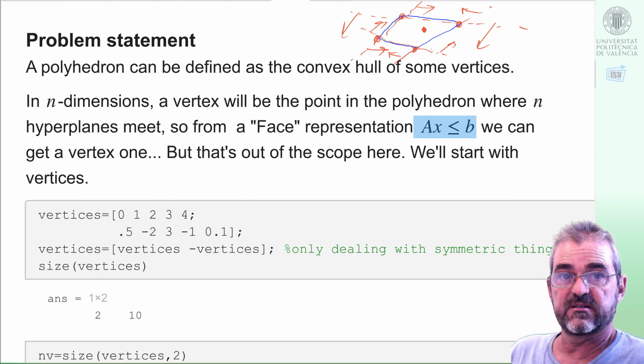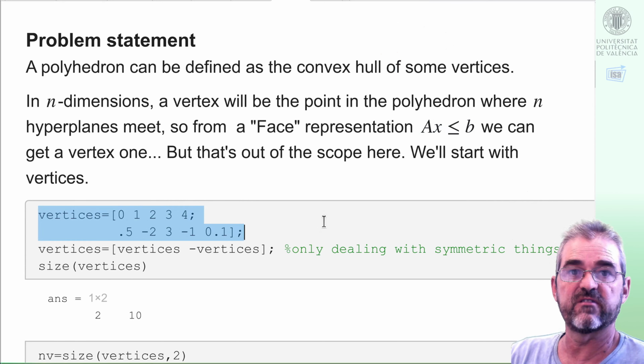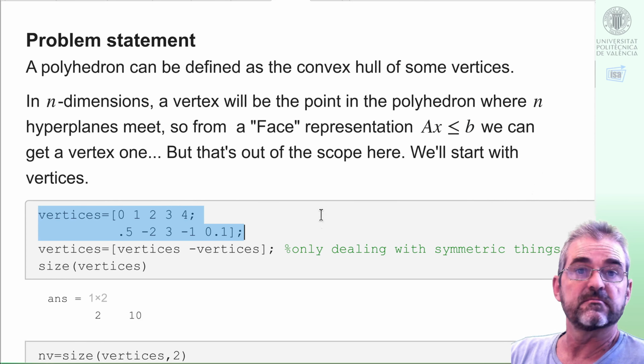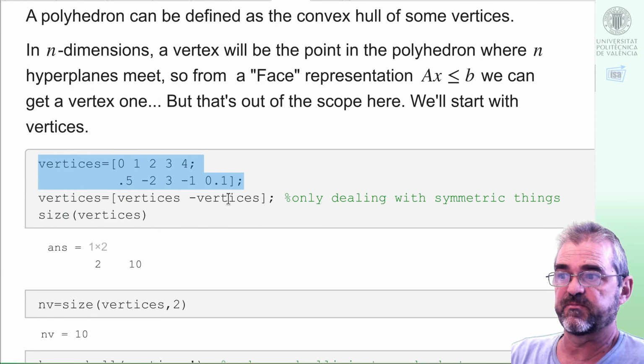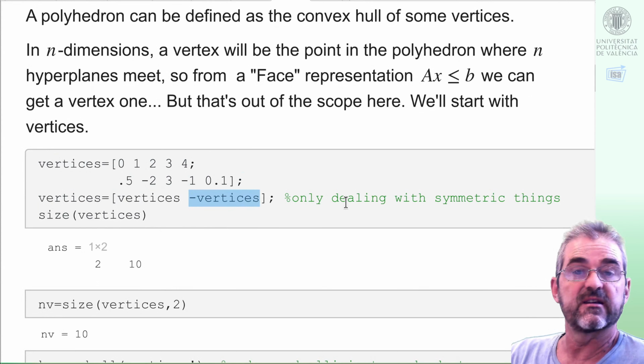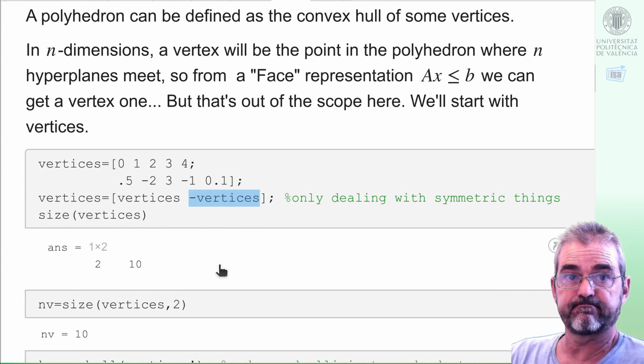But in this case, we will not use the face representation of a polyhedron, we'll use the vertex representation as follows. I will define these vertices, and as I am discussing everything symmetric around the origin, I will add the negated ones, so I will have 10 vertices.